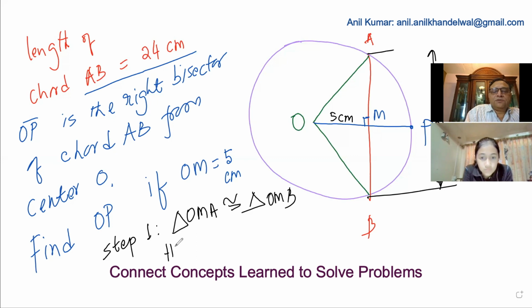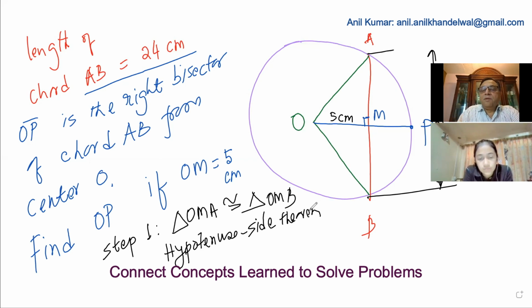Using the hypotenuse-side theorem, because we know that this is the hypotenuse, which is the radius R, is the same, right? So we are saying R equals R, and OM equals OM. Is that okay? Common side. Whenever you have a common side, one of the sides is the same in the two triangles. So they are congruent, correct?